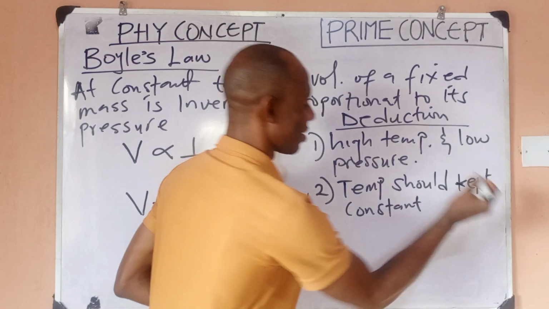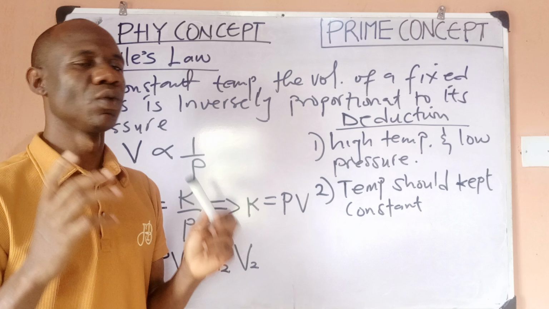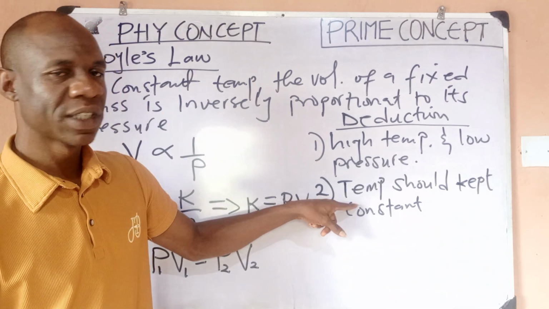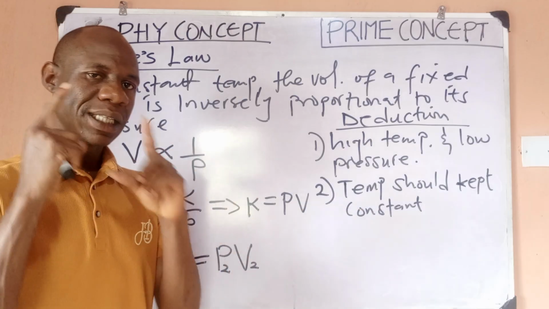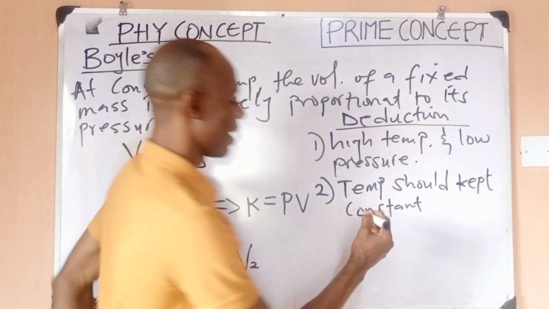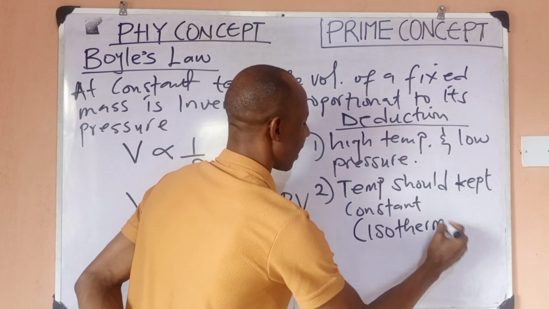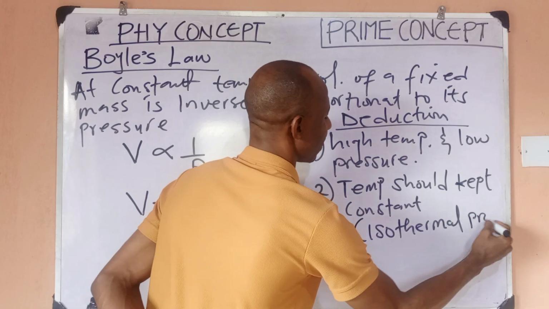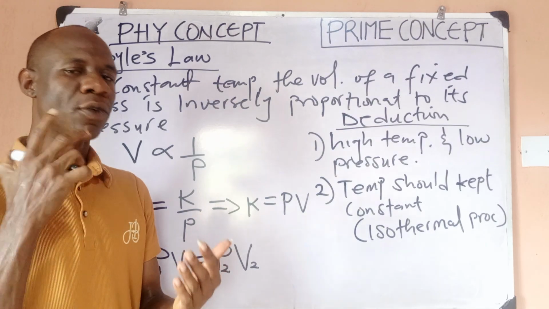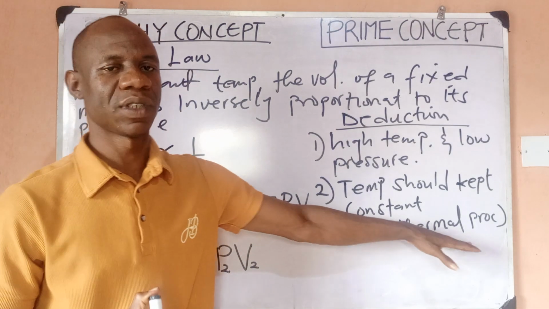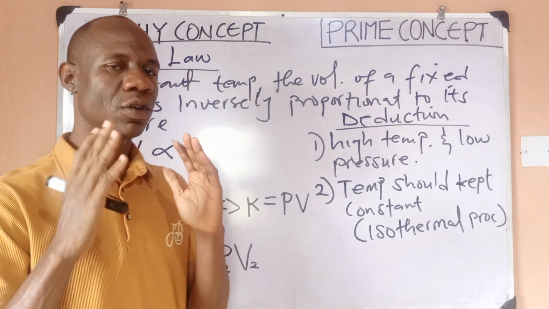If you understand your thermodynamics, you would know that a process that considers constant temperature is known as an isothermal process. So Boyle's law is a law that follows the isothermal process. An isothermal process is a constant temperature process.